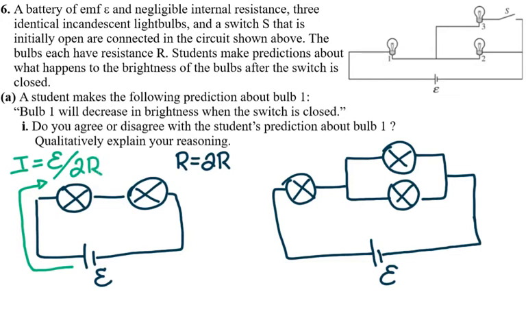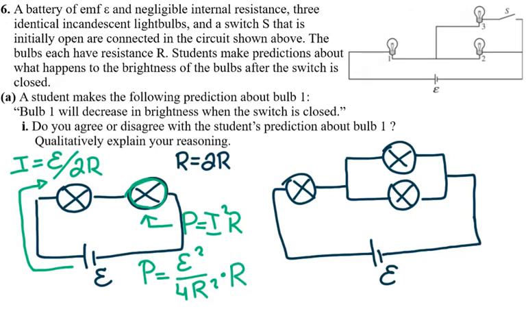Then the power on each bulb is going to be equal to I squared R. So in our case, it is I squared, which is EMF squared over 4R squared, times the resistance, let's say this resistance, which is R.